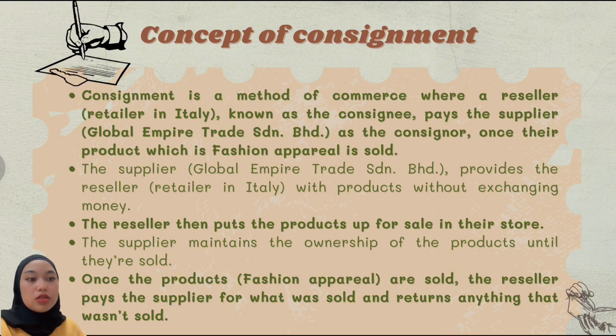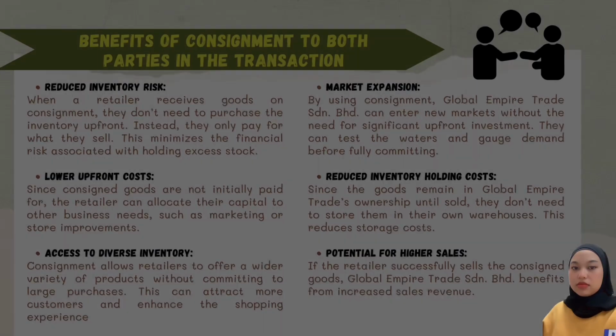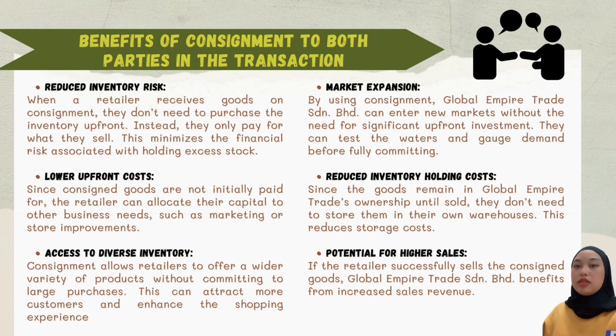The supplier also maintains ownership of the products until they are sold. Once the products are sold, the reseller will pay the supplier for what was sold and returns anything that wasn't sold. Next slide, I will explain the benefits of consignment to both parties in the transaction.